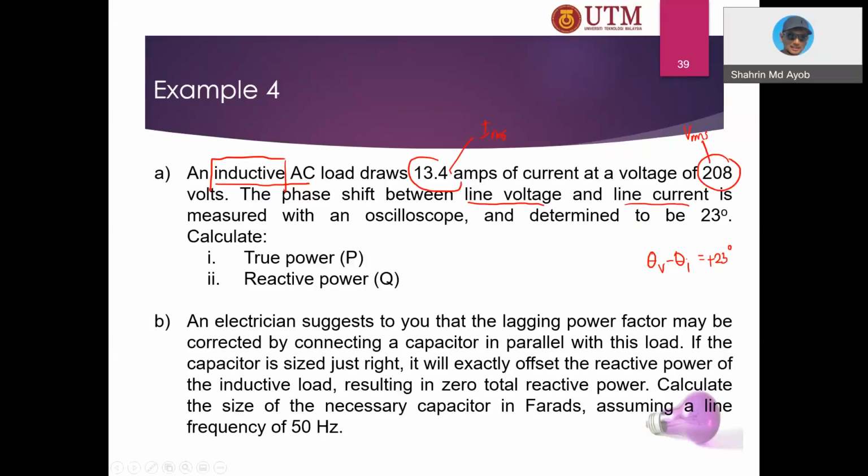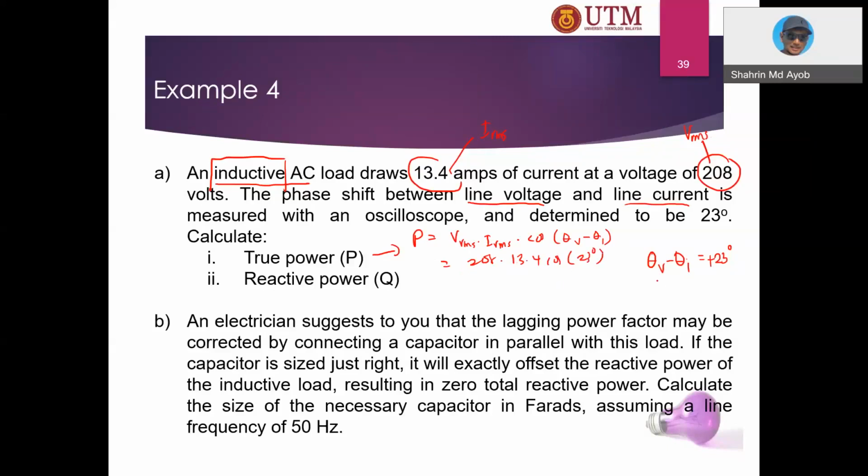So the question is, calculate the true power. If you are using RMS, it is very simple and straightforward, which is V RMS multiplied with I RMS cos(theta V minus theta I), which is 208 multiplied with 13.4 cos 23 degrees.